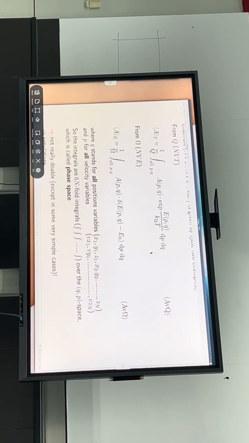So dp is dp1, dp2, dp3, dp4, and dq is dr1, dr2, dr3. So not to have to write so many variables here, and also not so many integrals here. Very often you find this shortened notation.